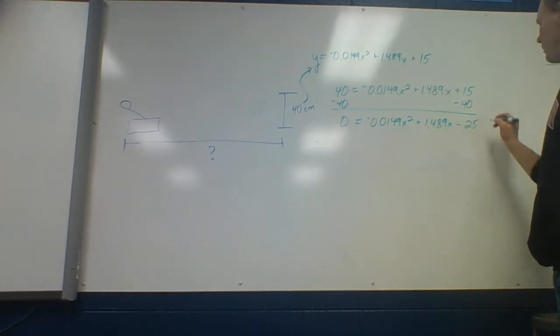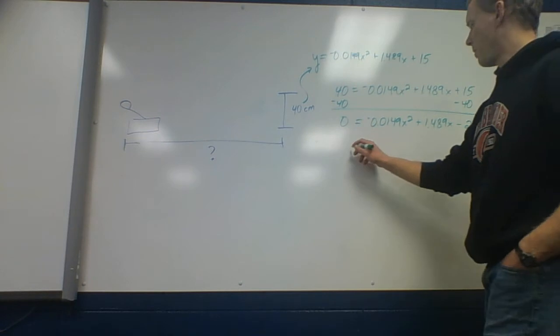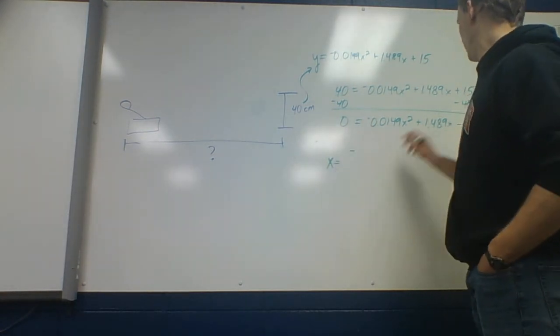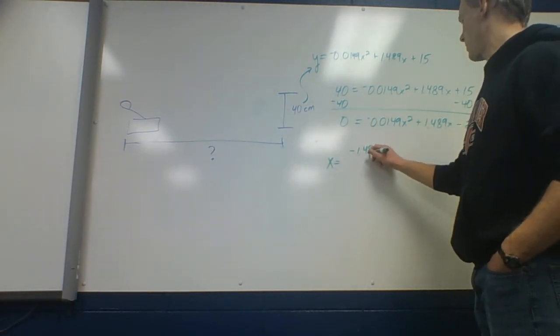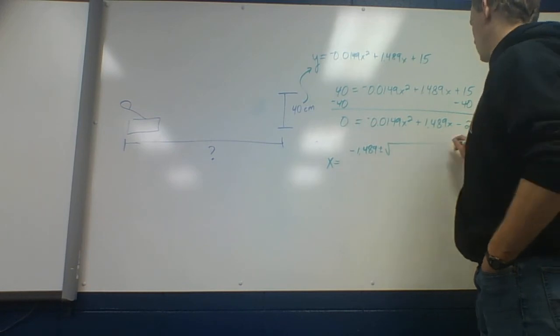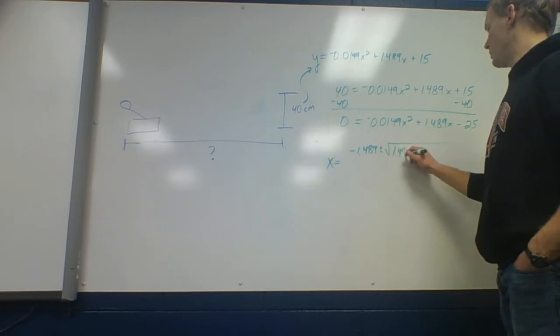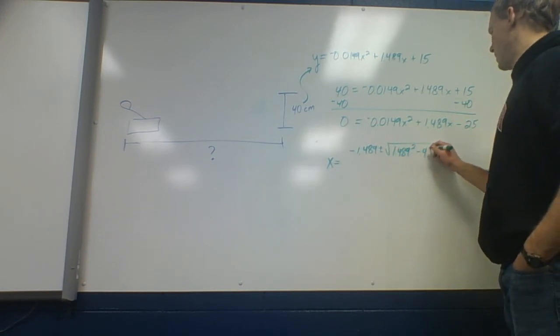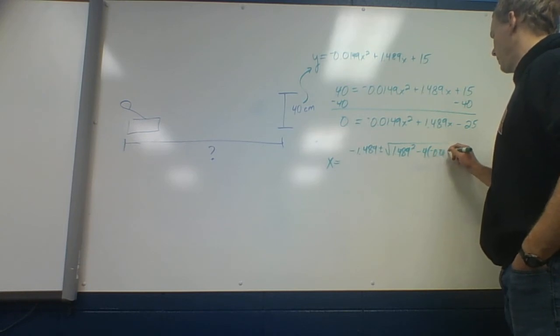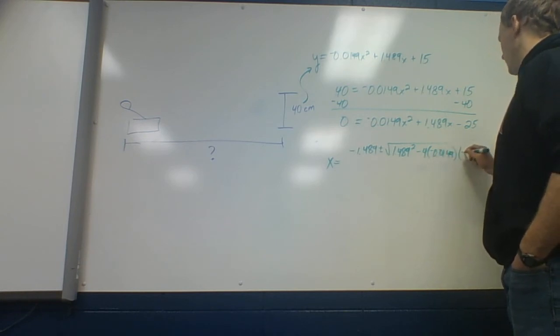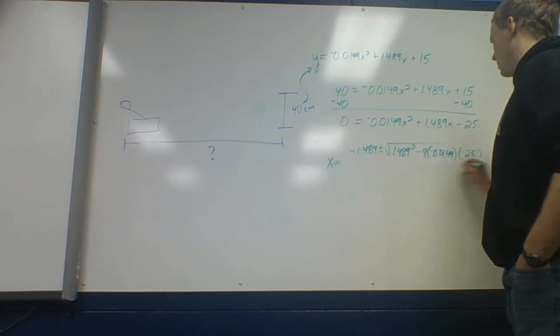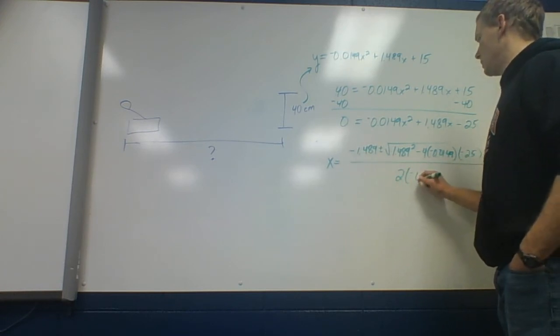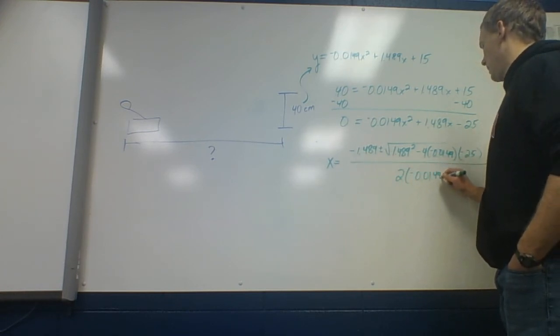Minus 25. And then from here, x equals negative b plus or minus the square root of b squared minus 4ac all over 2 times a. Okay?